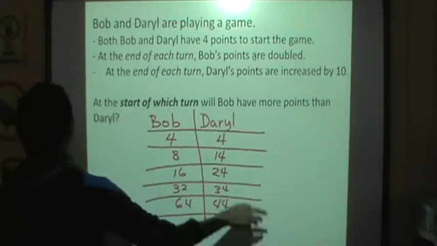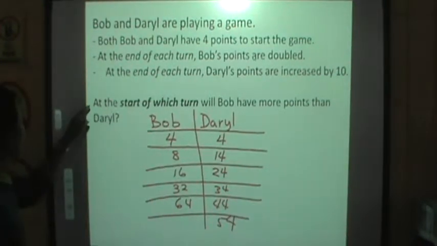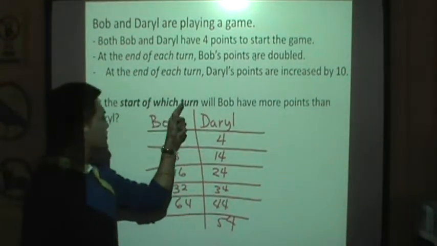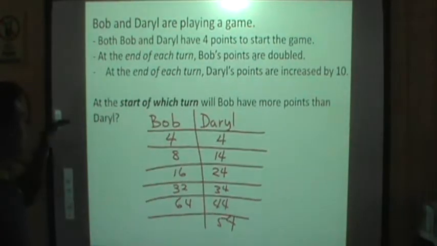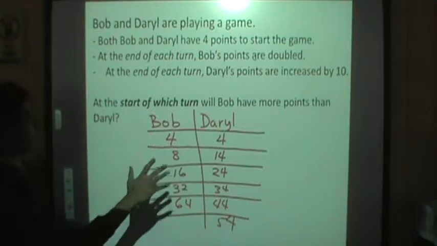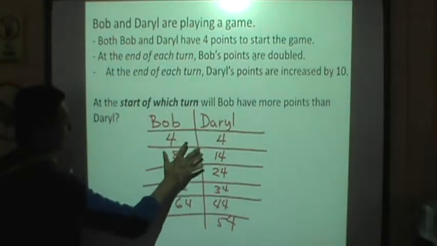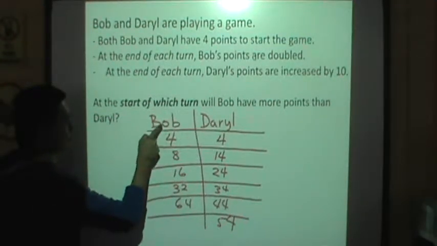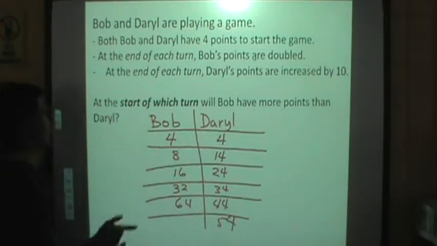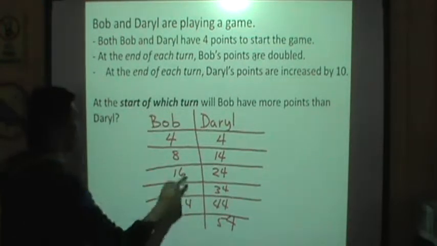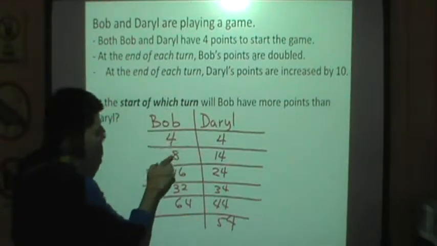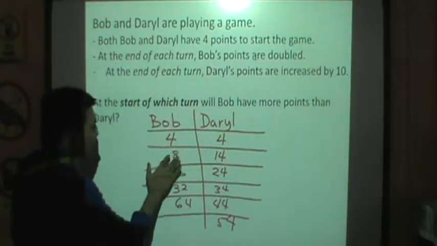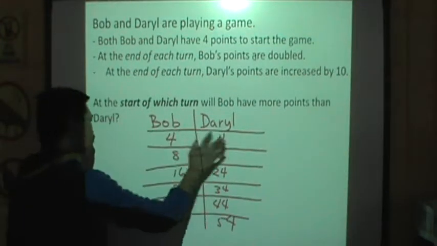Now, here's the deal. Go back to the question. At the start of which turn will Bob have more points than Daryl? If you notice here, Bob's points are lower than Daryl's. They both start with 4.